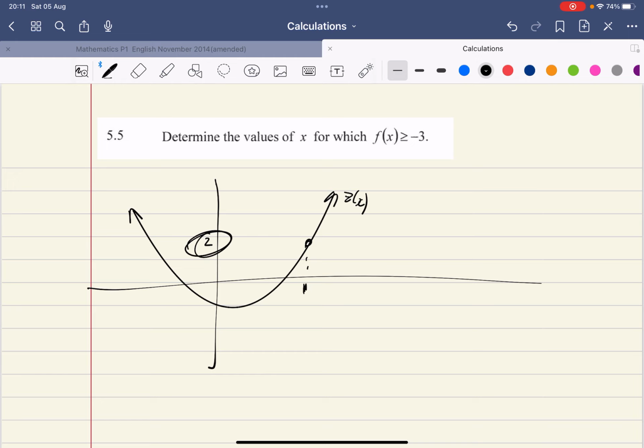Well, if we knew the x value here, we could say for all values bigger or equal to 1, z of x will be greater or equal to 2. That's the exact same thing we're trying to show here.